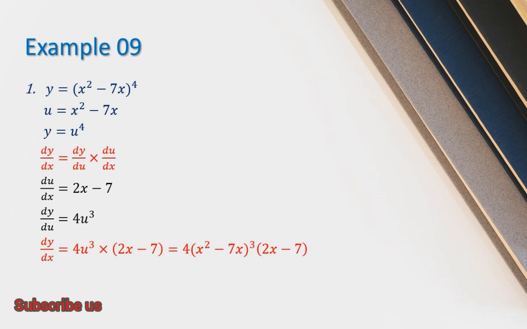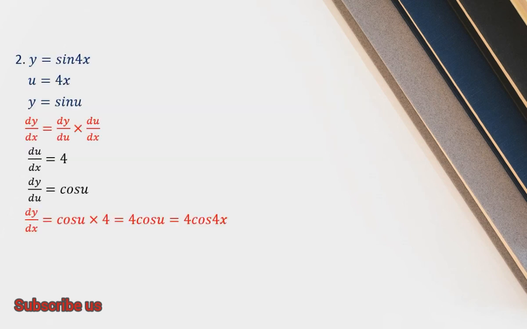Then dy by dx equals dy over du multiplied by du by dx. u is a function of x, so after differentiating by x, we can get du over dx.